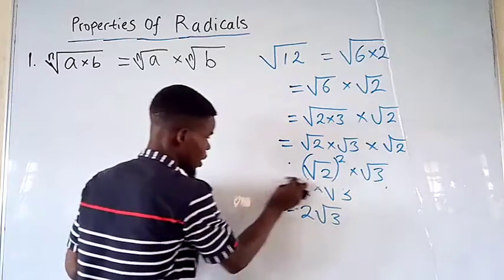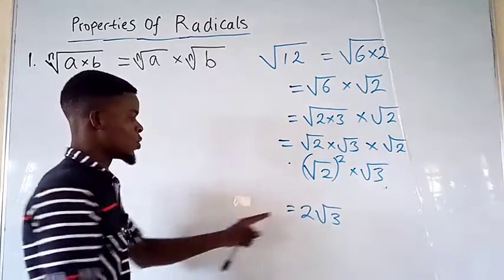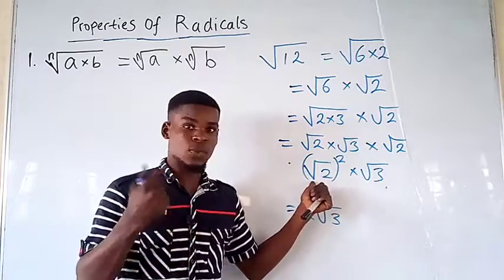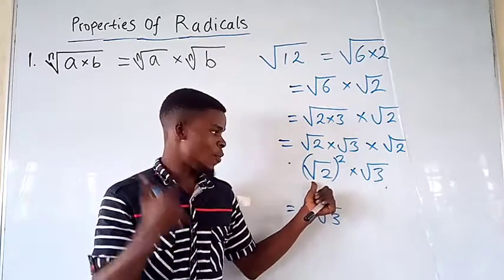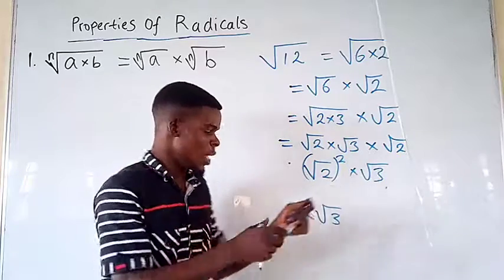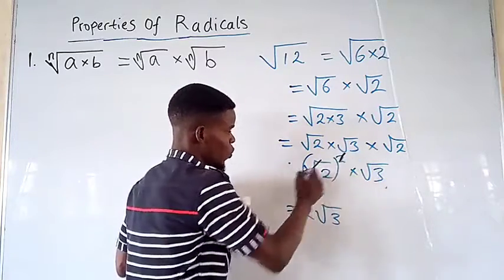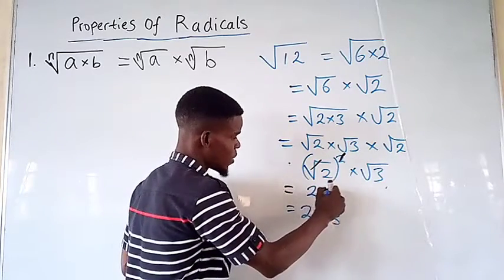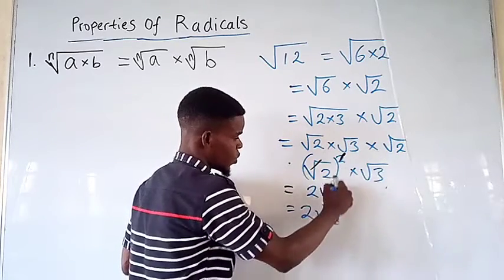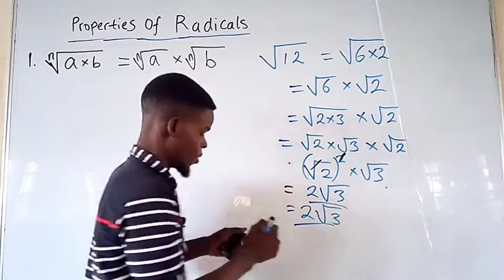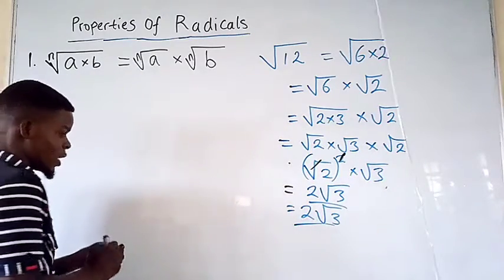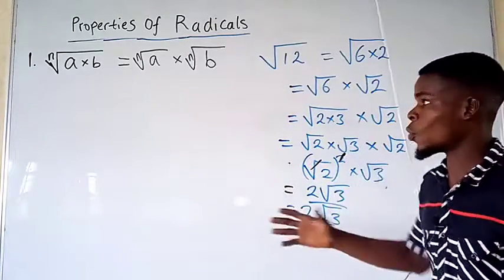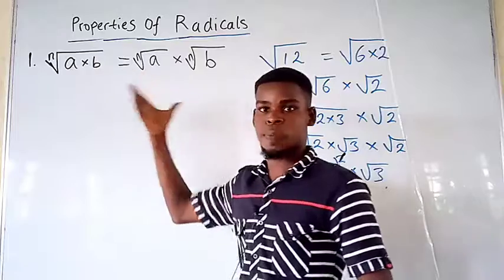Here 2 is a positive number, greater than 0, and we are taking the square root, so it will be a real number. We raise that to power 2, so the root and the square cancel out nicely, and we end up with 2 times the square root of 3, which is just 2 root 3. So they are the same thing. That was just to show you the work. So when we just have a product, we have to split it.